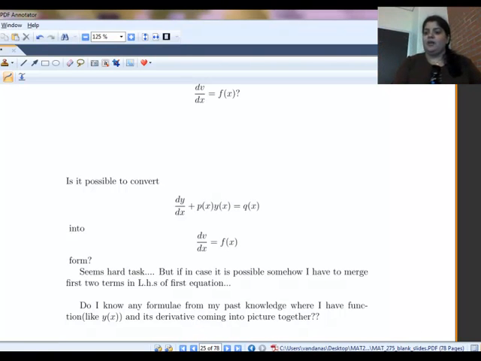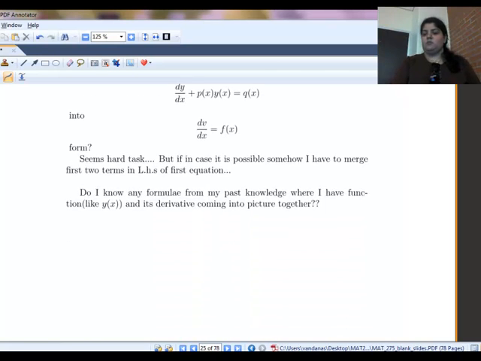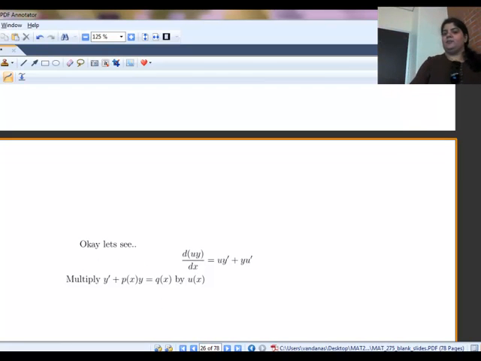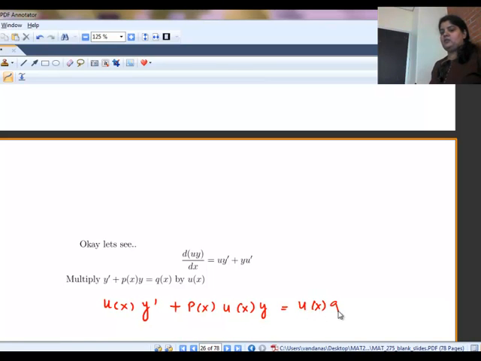Let's multiply u with y, and that's what I was thinking. Then you just multiply this equation by u(x) so that you can start getting some similar form. Okay, p(x) u(x) y equals u(x) q(x).